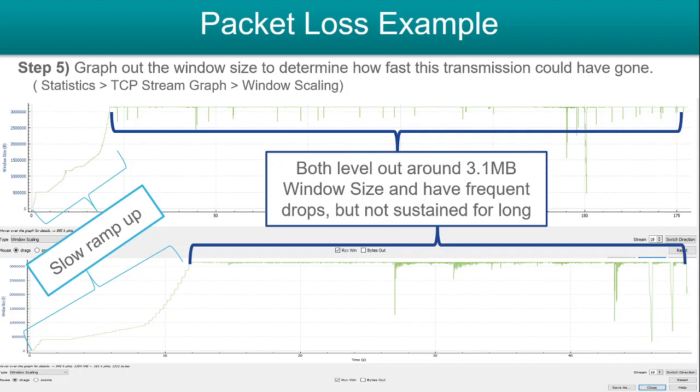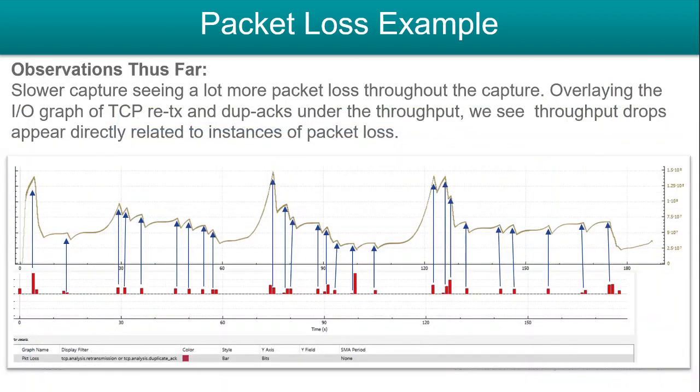So this is not a problem of the window size changing in broken and fast. I don't have it here, but I did look at the latency. Latency was identical because our client was staying in the same path going out to the same server. The only thing that was changing was the frequency of loss.